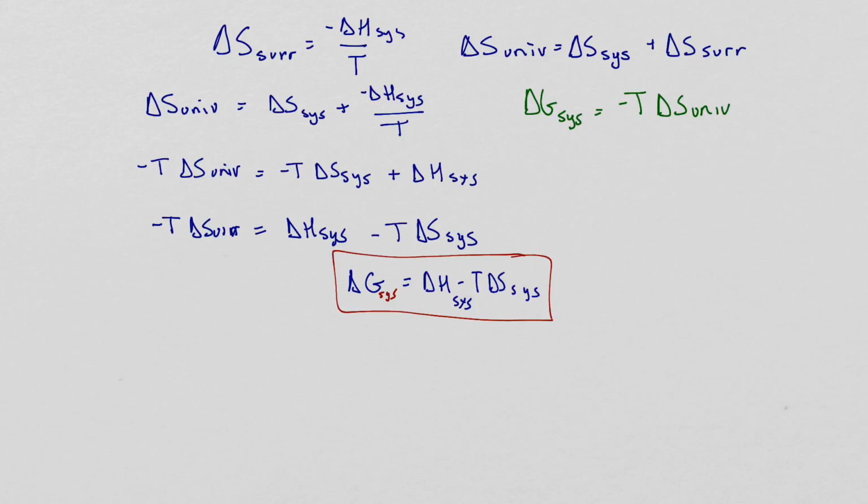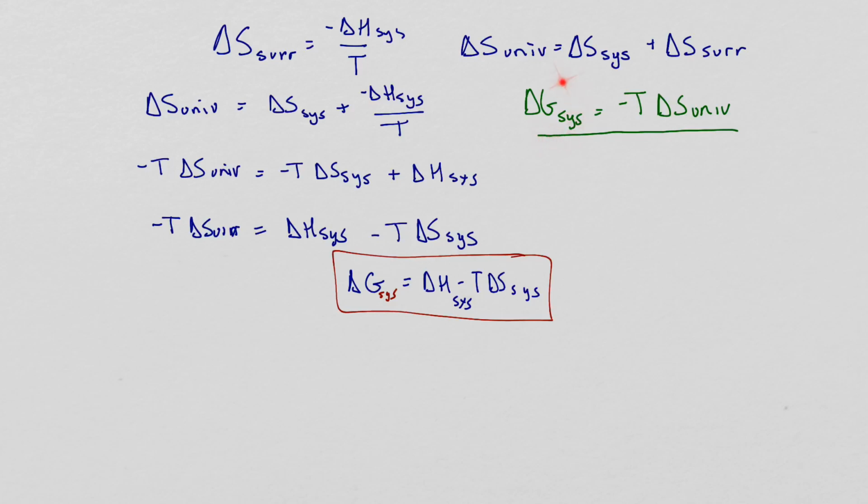And why this relationship is important is that we've already established that the delta S of the universe is a criterion for spontaneity, right? The second law says that for a process to be spontaneous, the delta S of the universe must be positive. So if delta S is related to Gibbs free energy, then Gibbs free energy, or delta G, must also be a criterion for spontaneity.